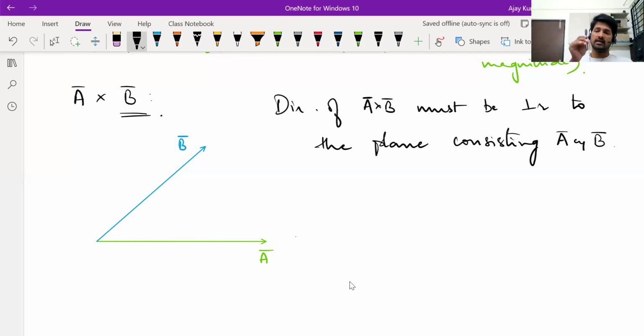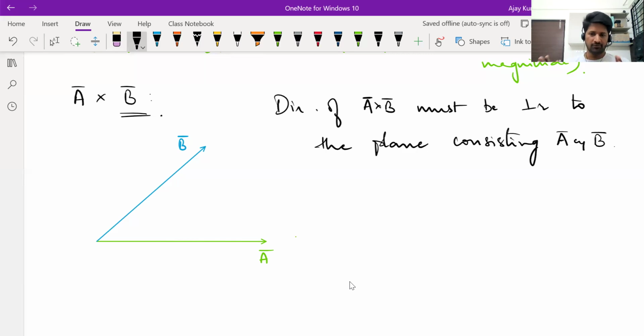You have to imagine an arrow out of your screen, or you can imagine an arrow into your screen also. Those two are the directions perpendicular to the plane consisting A and B. Now see, cross product cannot have two different directions. We should fix the direction. But I'm telling you, it will be one of these. Which one it is also we'll discuss.